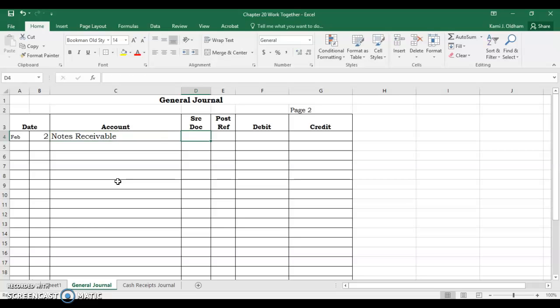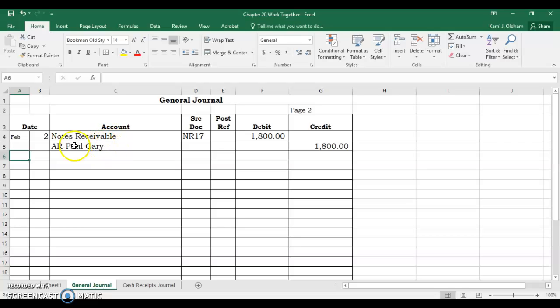Source document is NR 17 for the amount of $1,800. And then we're going to take it out of his accounts receivable, Gary. And then that's that. So we just basically are moving it from one asset to a different asset.